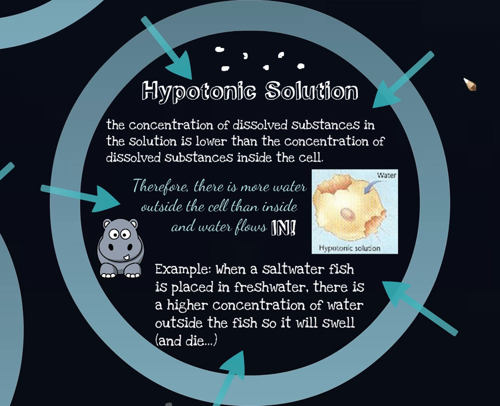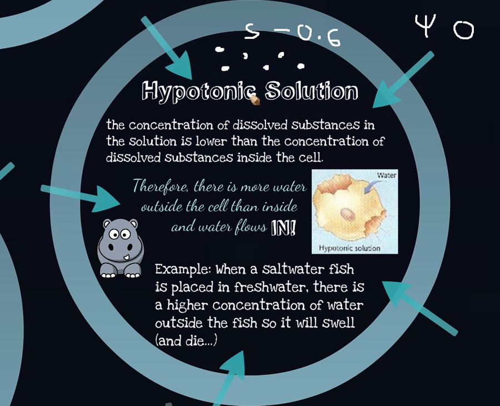So in this case, if we've got pure water on the outside, this would have a water potential of 0. Whereas inside the cell now, we would have a solute potential that's a negative value based on how many molecules we have in here, so maybe negative 0.6. I'm just making that up.